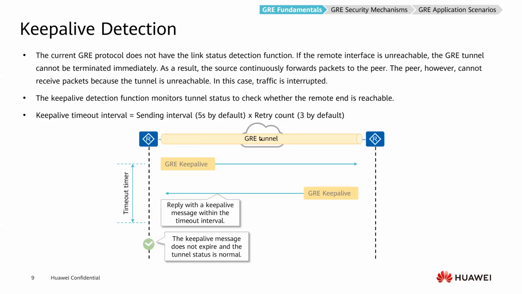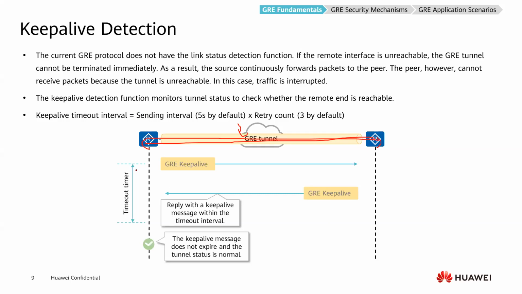Although it's a GRE tunnel, I cannot detect it by default. So you can use keepalive detection, just sending a keepalive packet to see if there's a reply or not. If there's no reply for a long time, I will consider it a timeout.